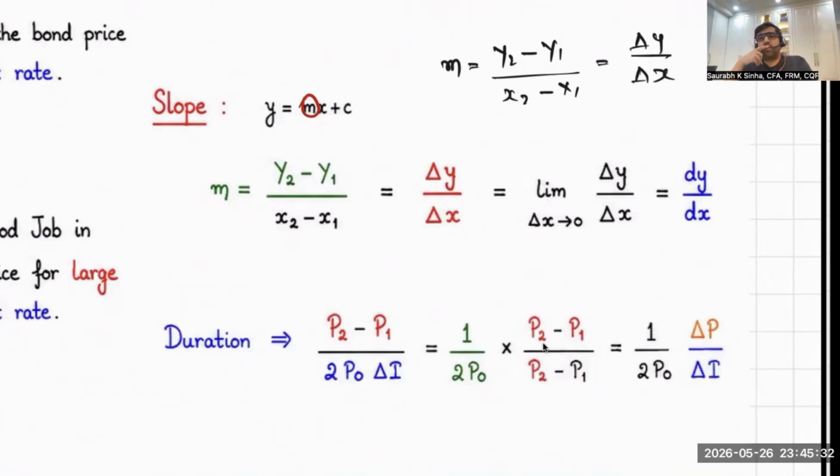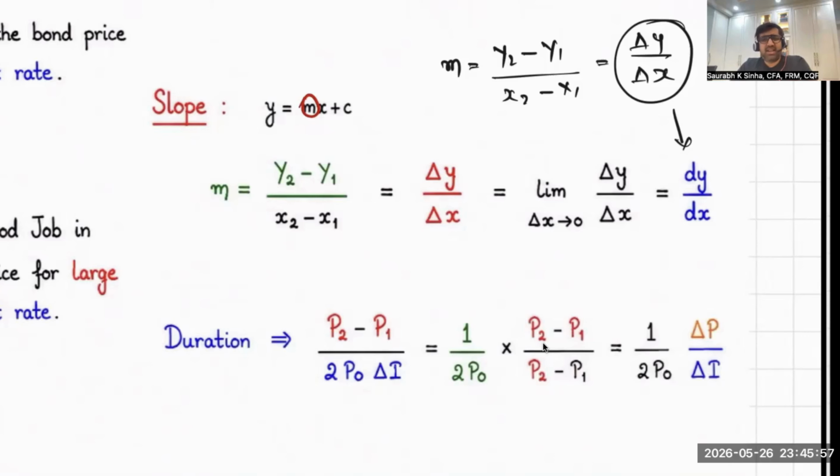That was the formula for slope. And if you use differentiation, though that is not required, if you put the limit delta x tends to 0, then delta y upon delta x becomes dy by dx. In the terms of calculus differentiation, this was the formula of slope.